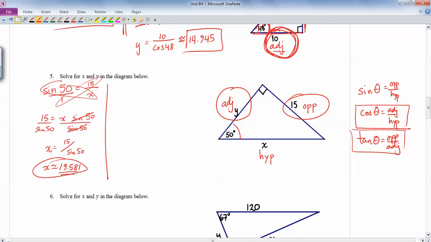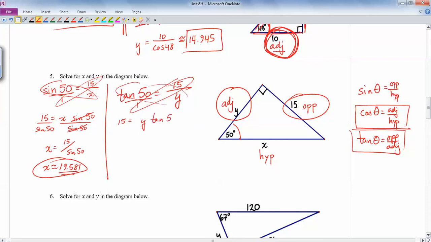So if I set up my trig ratio, tan of my angle, which is 50, equals the opposite side over the adjacent side, y. So again, the letter is in the bottom, so if I put tan over 1, then I've got 15 times 1 equals y times tan 50.